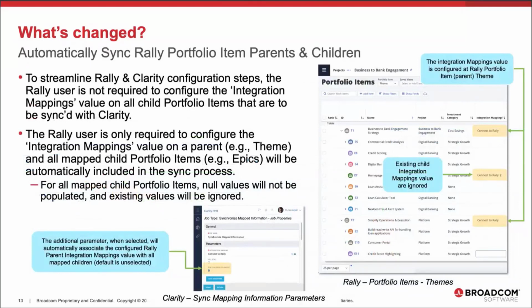Let's talk about how the integration, and particularly the sync job, streamlines Rally and Clarity configuration steps. So the Rally user, on the right-hand side, is not required to configure the integration mapping value on everything that needs to be synchronized with Clarity. All you have to do is place the integration mapping value at the node.